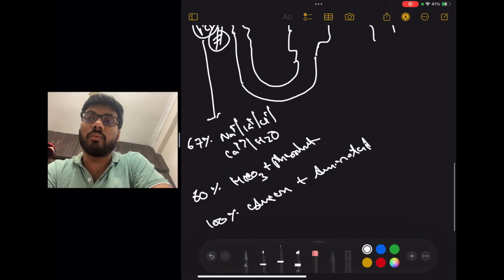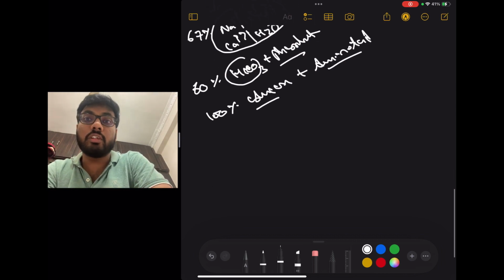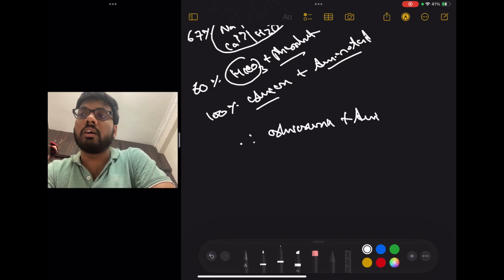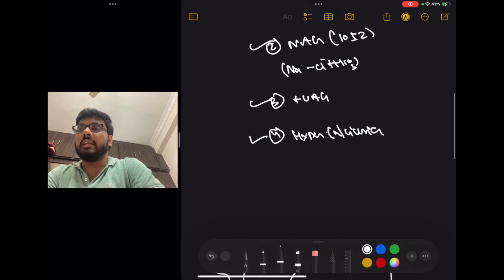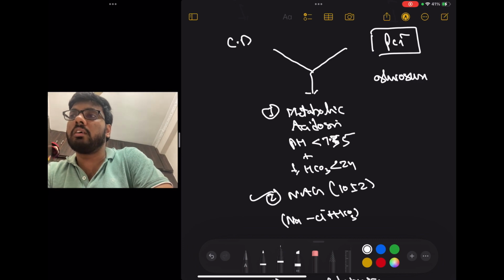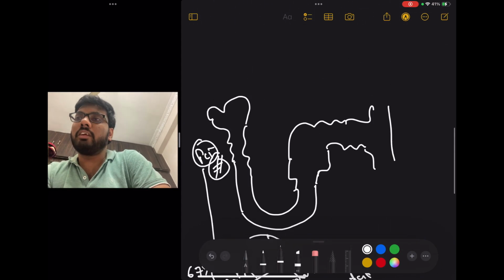There will be a defect in the reabsorption of sodium, potassium, chloride, calcium and water, and also bicarbonate, phosphate, glucose and amino acids. Therefore, the patient will have glucosuria, amino aciduria, bicarbonaturia, and phosphaturia, right?